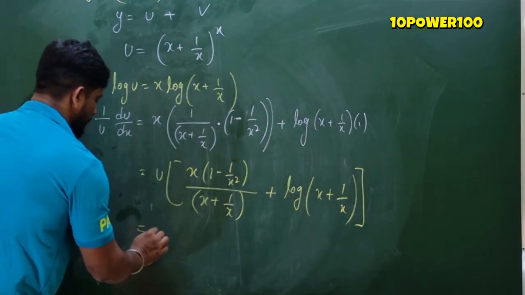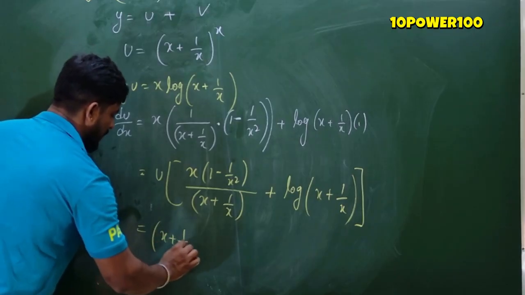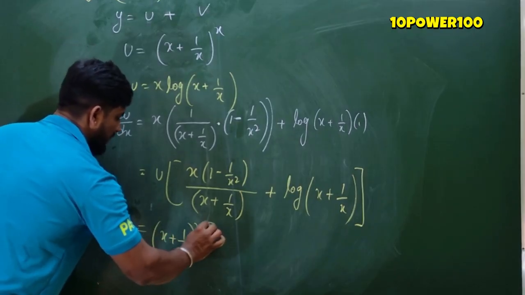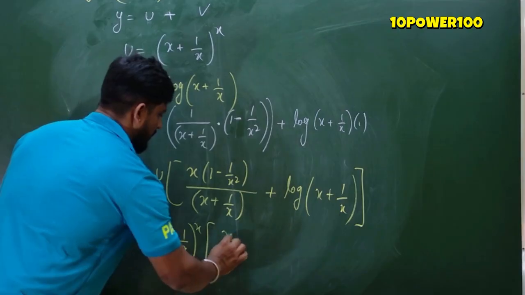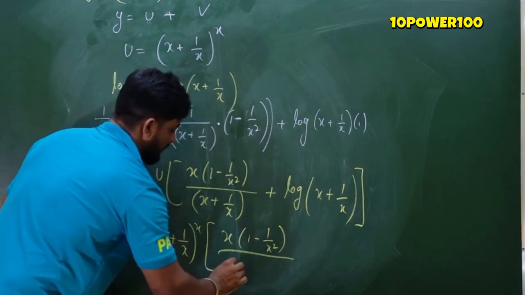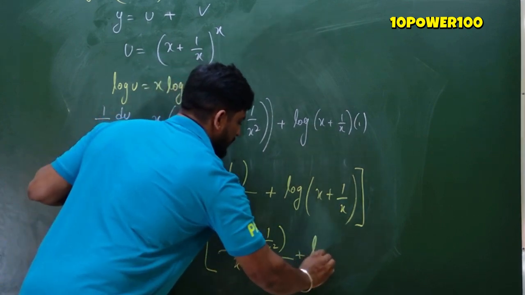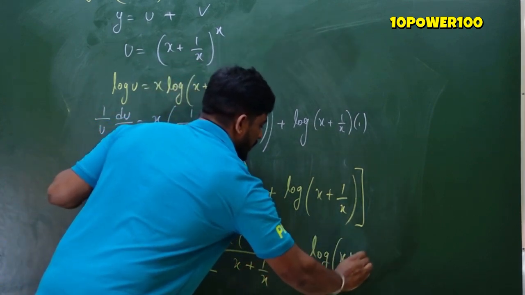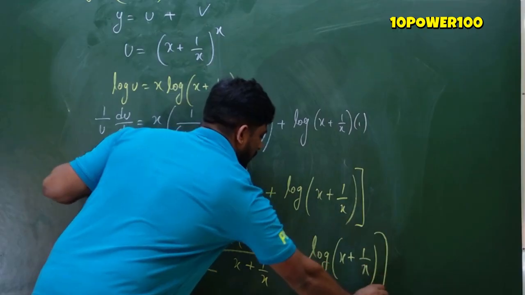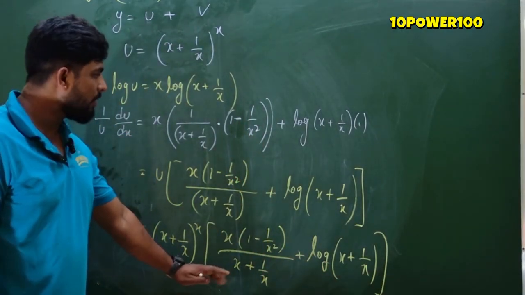So what is u? It is (x plus 1 by x) whole to the power x, times x of (1 minus 1 by x square) divided by (x plus 1 by x) plus log of (x plus 1 by x). So this will be the final answer. So please don't go wrong anywhere.